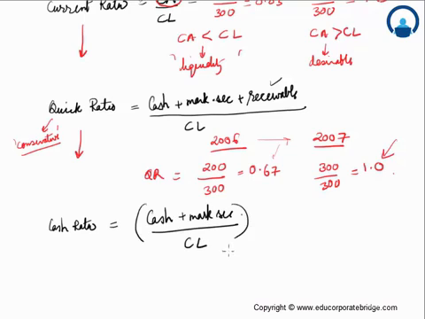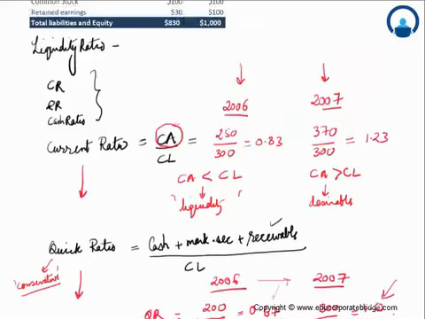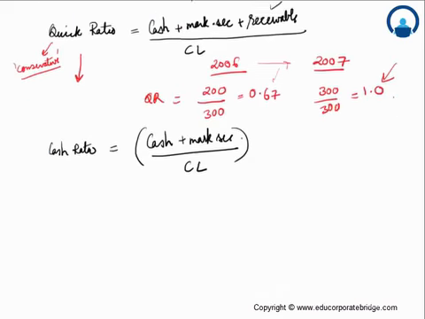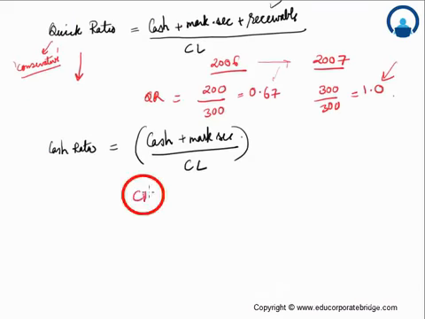So let's calculate cash plus marketable securities for this company for both the years. Here we have cash as 50, and cash as 100 for 2007, and the denominator still remains the same, that is 300. So going back quickly, this is the cash ratio.